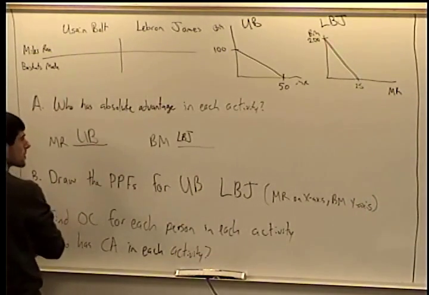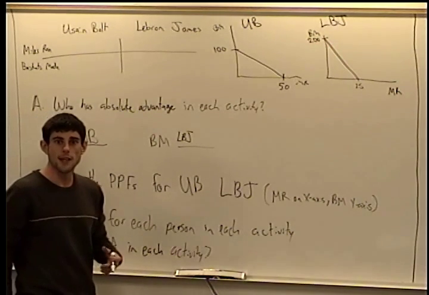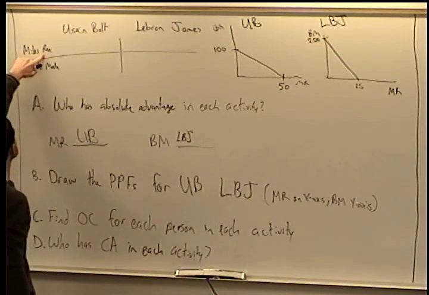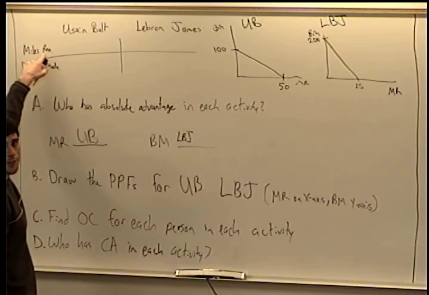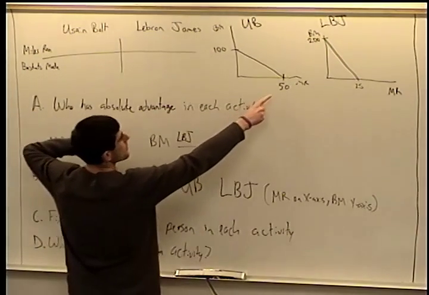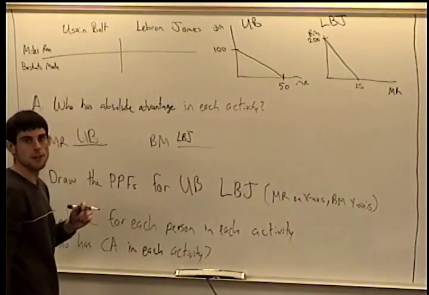And remember, we measure opportunity cost as what we forfeit divided by what we gain. So in each activity, Usain Bolt, if he wants to run miles, that means that he has to forfeit making baskets. So to gain 50 miles, Usain Bolt has to give up 100 baskets made.